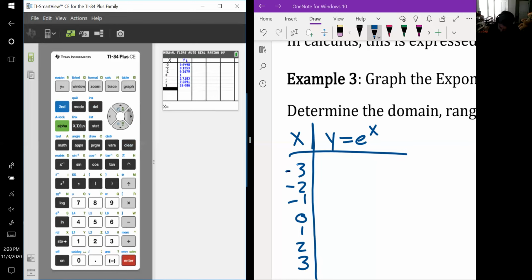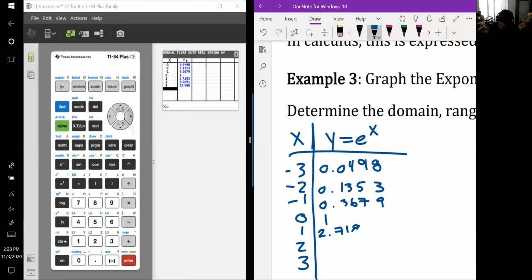All right, and 0.0498, 0.1353, 0.3679, 1, 2.7183.